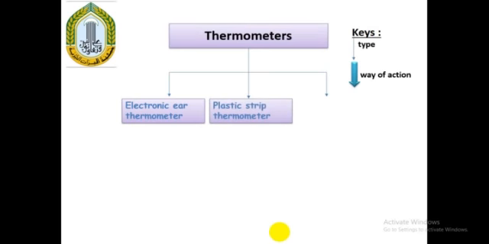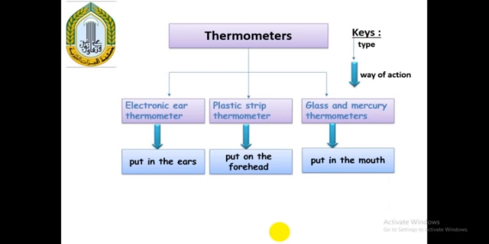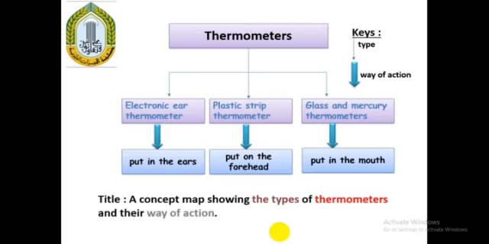The plastic strip thermometer was our second type. And the glass and mercury thermometers was the third type. Now, what was the way of action of the first one? It is put in the ears. The second one, it's put on the forehead. And the third one, it's put in the mouth. What's missing now? The title.